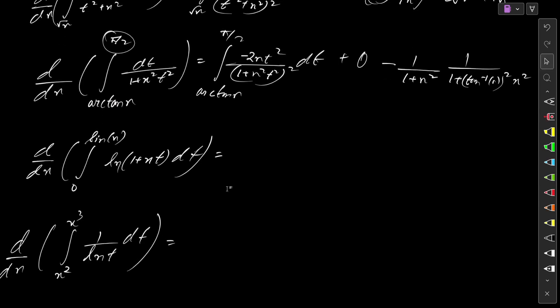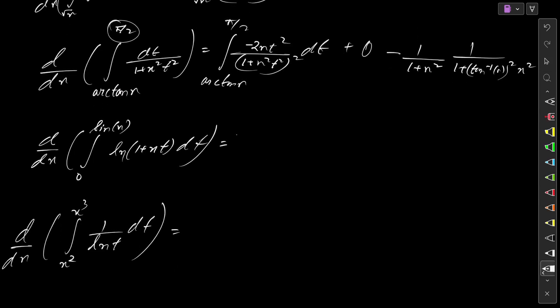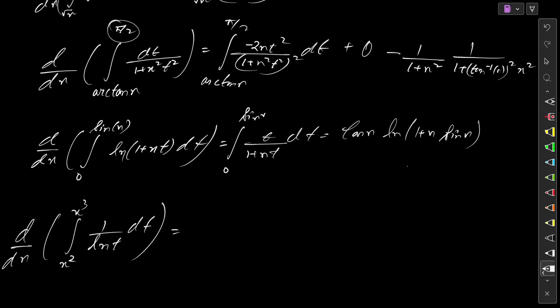Next question. This would be from 0 to sine x; taking the partial derivative, that would be 1 plus xt, t with respect to dt. The derivative of sine x is cosine x multiplied by ln of 1 plus x sine of x, minus 0, since the derivative of 0 is 0. Again, the same thing with the partial derivative.